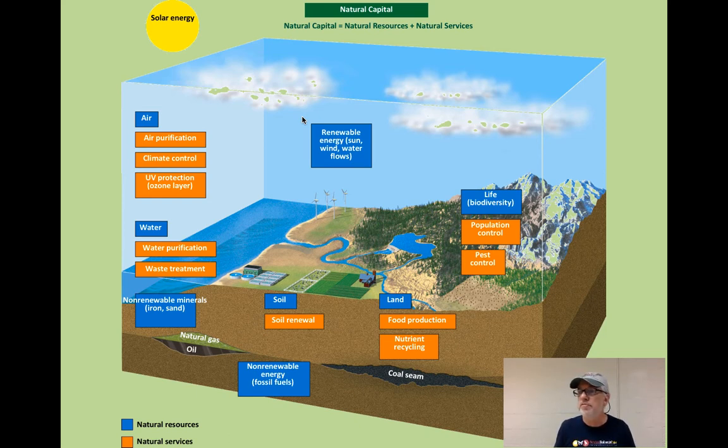And also pharmaceuticals, one of the biggest things. Humans aren't inventing pharmaceuticals. They're looking in plants for compounds that nature's already invented that are pharmaceutically active. So this gives you some idea of what natural capital is according to one environmental textbook.